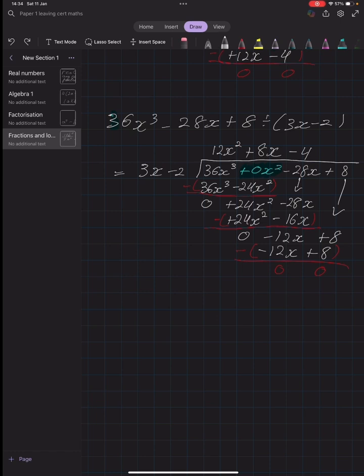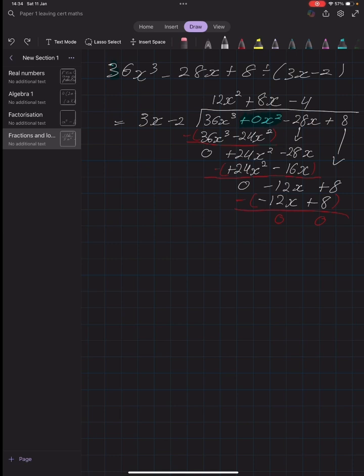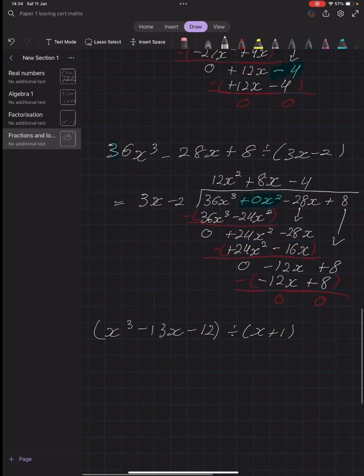So yeah, that's that. Now, the other way, if we wanted to do something like x cubed minus 13x minus 12 divided by x plus 1, you can also do this by identities, okay? Now, what do I mean by identities?